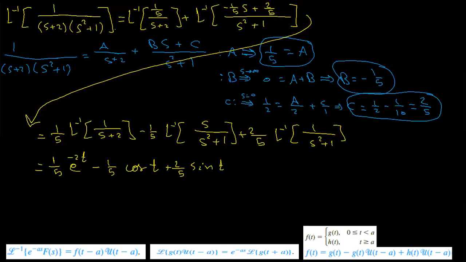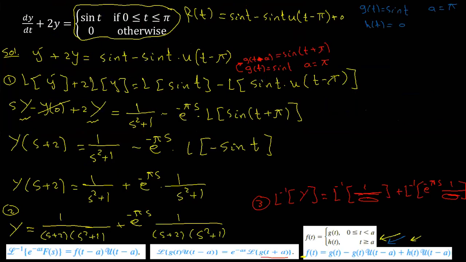Let me go back to check the second fraction. Where is the second fraction? This one. Where's my pen? Here, my pen. So the second fraction is this one. I'm going to take it to the new slide now. So here, I'm going to write here.